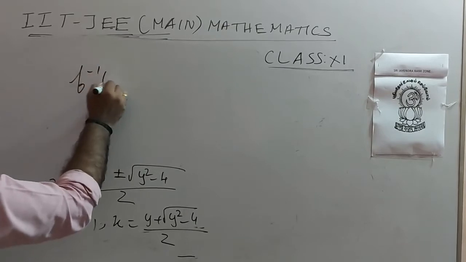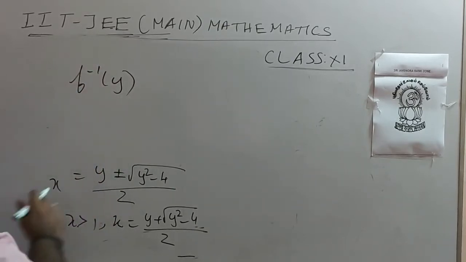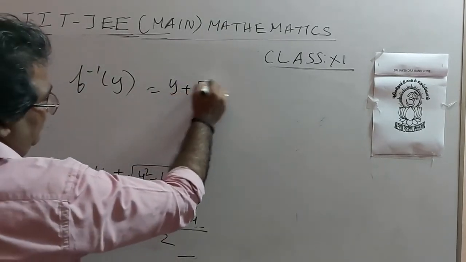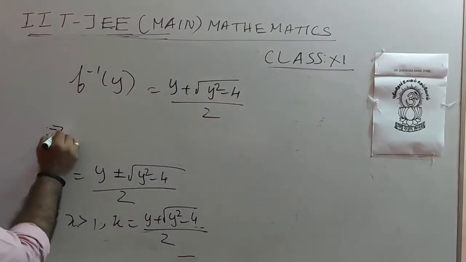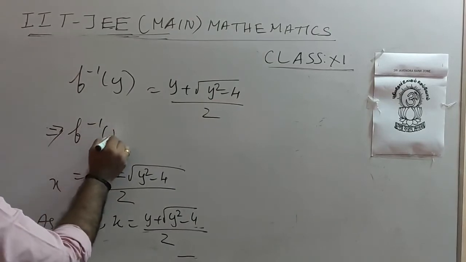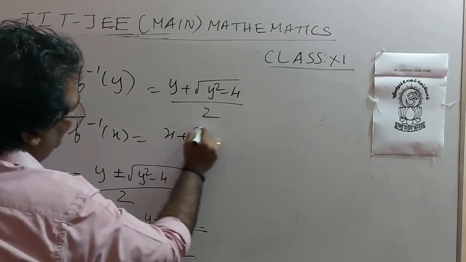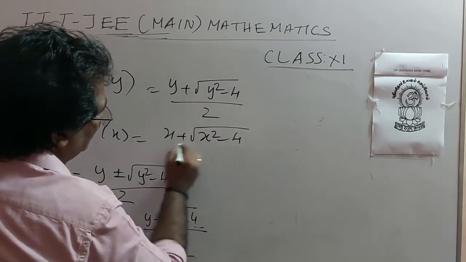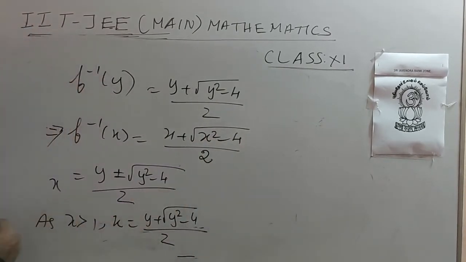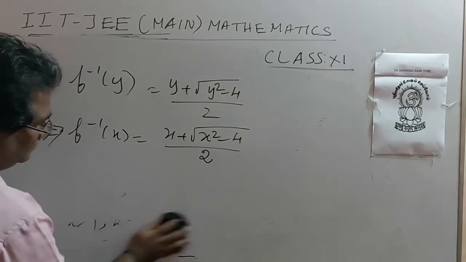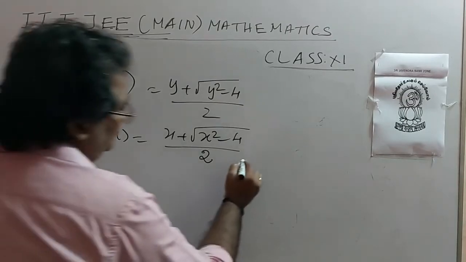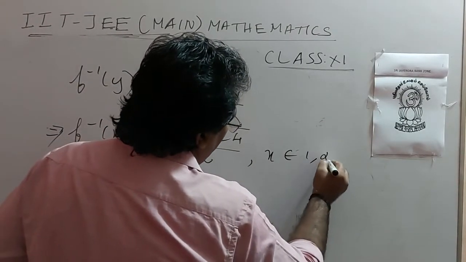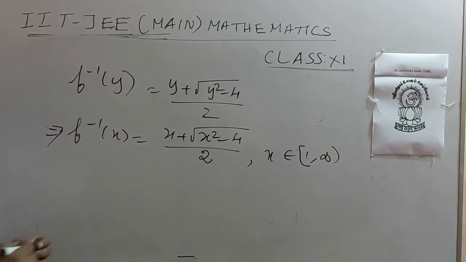Therefore, f inverse of y equals y plus root of y squared minus 4 by 2, which implies f inverse of x equals x plus root of x squared minus 4 by 2, where x belongs to [1, infinity).